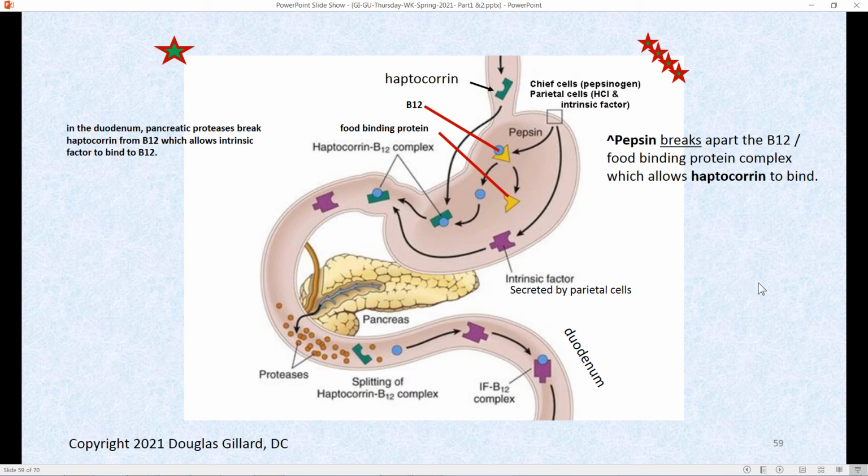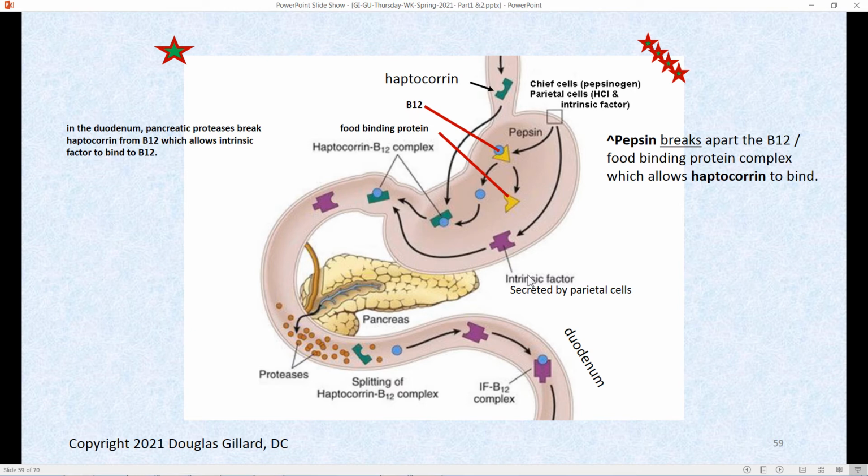So let's back up. Let's review. Haptocorrin was secreted by the salivary glands. In the stomach, the food-binding protein is broken loose by pepsin. And B12 is naked and afraid, but don't fear, because haptocorrin is here. It grabs vitamin B12. Together, they're taken out into the duodenum.